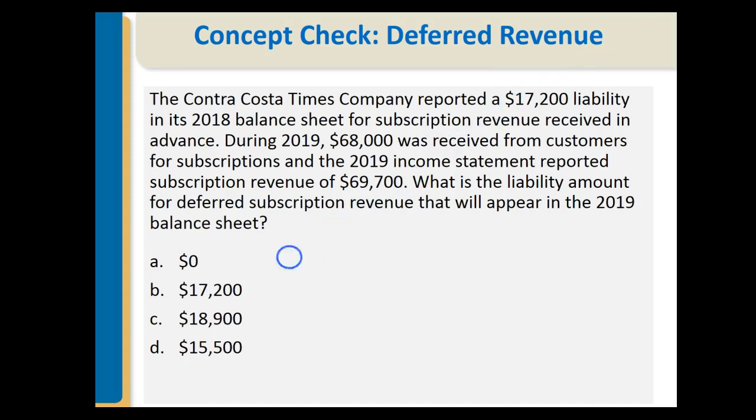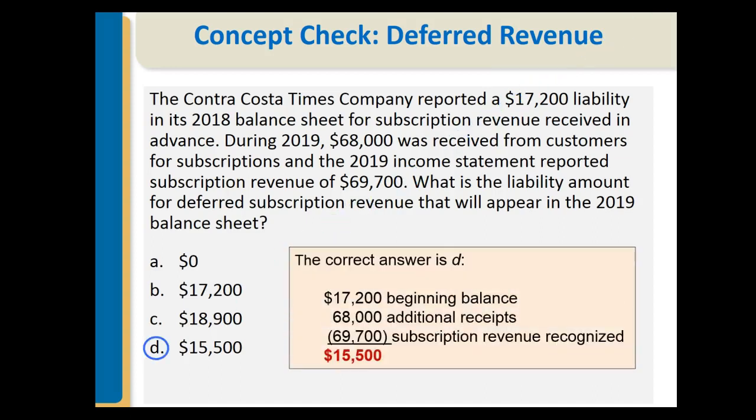Well, let's look at this. We start the period with $17,200 as the beginning balance. We add $68,000 of receipts for customer subscriptions.